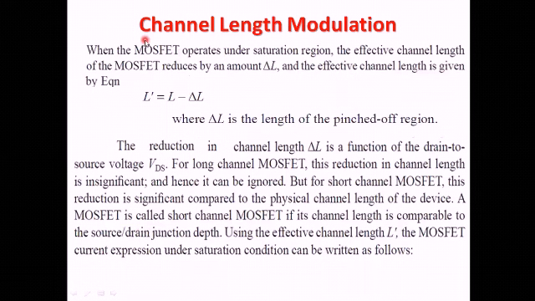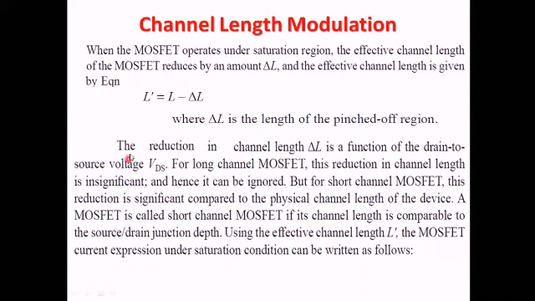So let us see what channel length modulation is. When the MOSFET operates in the saturation region, the effective channel length of the MOSFET reduces by the amount delta L. So the effective channel length is given by the equation L' = L - delta L. Here delta L is the length of the pinch off region.